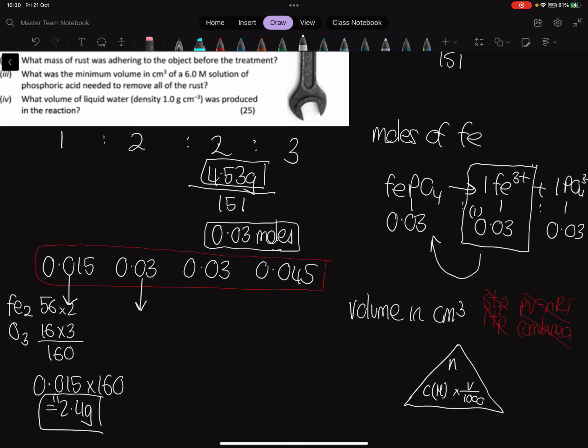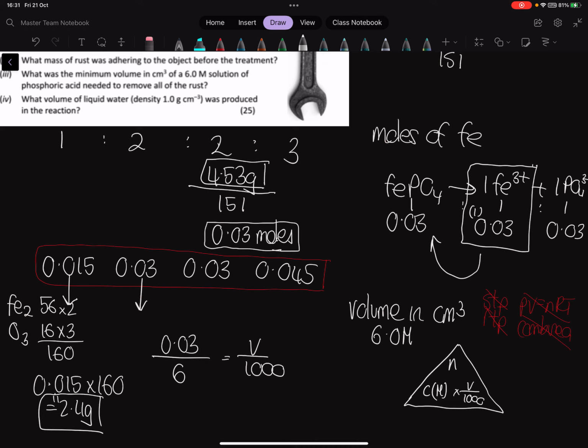So our question, part 3, says minimum volume in centimeters cubed of a 6.0 molar solution. We have everything we need for our triangle, and we're trying to find the volume. I'm going to write 0.03 for my moles divided by my 6, equal to V over 1,000, just for ease of use.